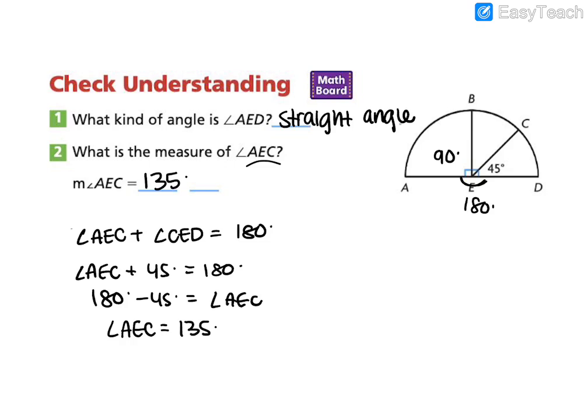I know that if I add AEC and CED, I will get 180 degrees. Now I know that this angle CED was equal to 45. So I went ahead and wrote an inverse operation of 180 minus 45 was equal to the angle measure of AEC. I found that AEC was equal to 135 degrees.